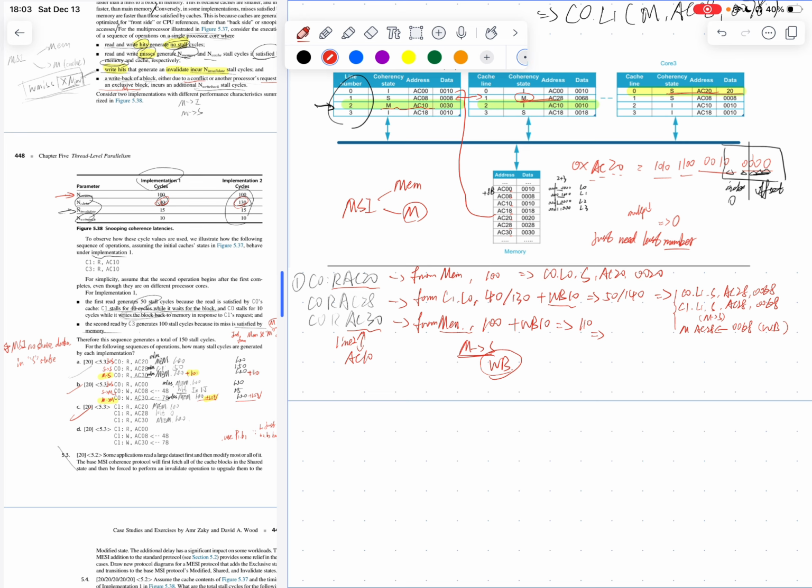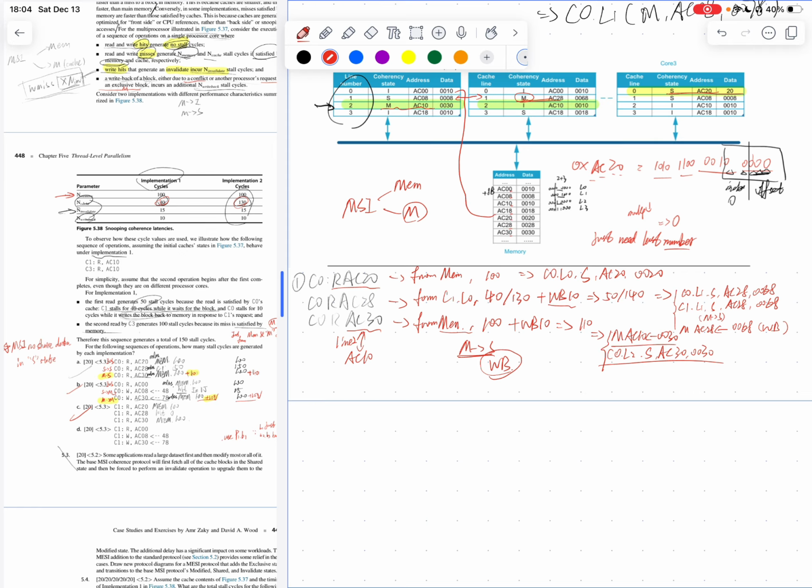So what will change? First, you will see the memory at AC10 gets the new data, 0030, and also C1 L2 will want to read AC30. The data is 0030, right?